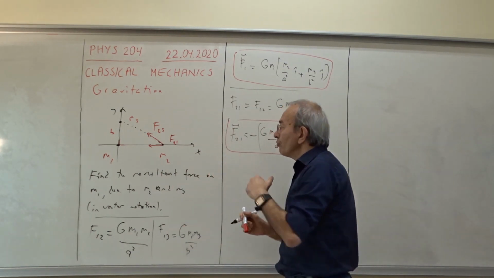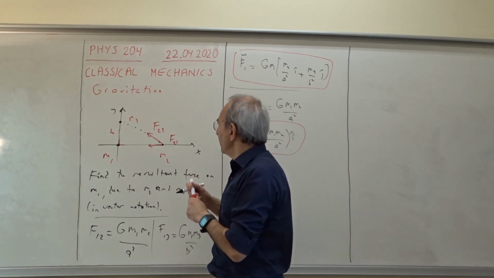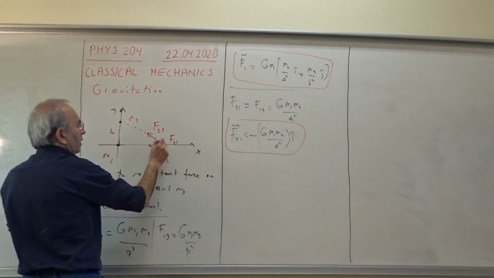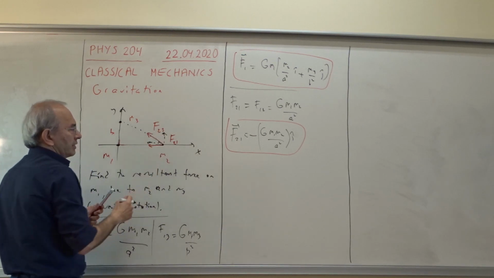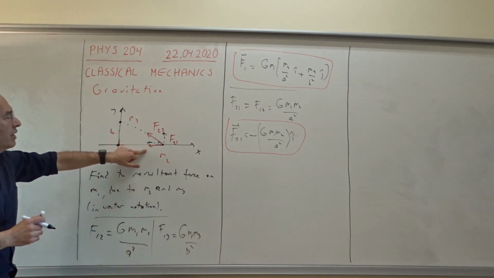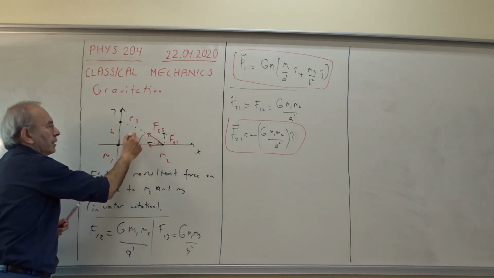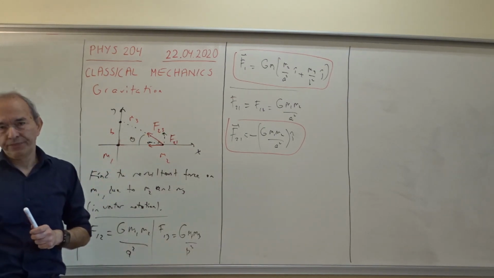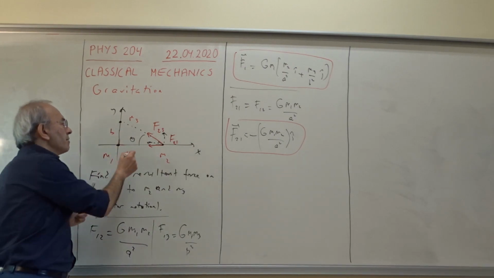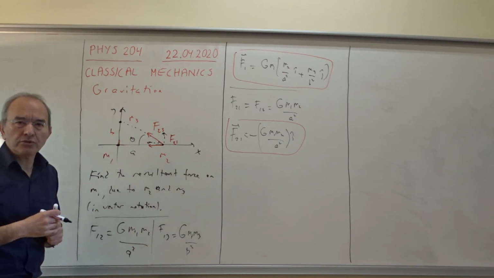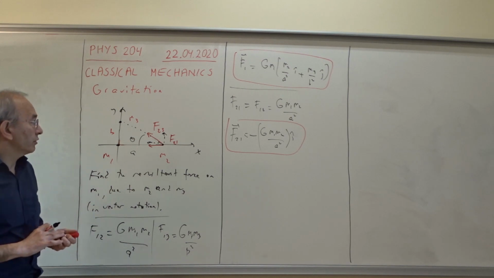But F23 has two components, obviously. One is in the horizontal axis, the other is in the vertical axis. For the horizontal one, this angle is required, but it is not given. Although it is not given, we can write it using these sides A and B. A and B help us to get the sine theta and cos theta, of course.